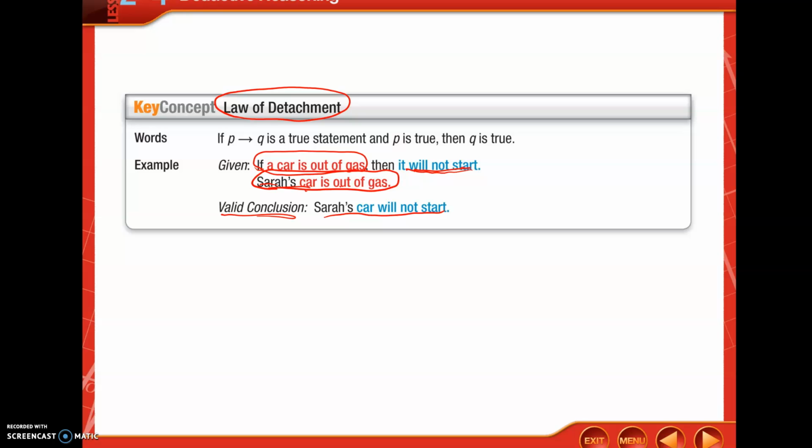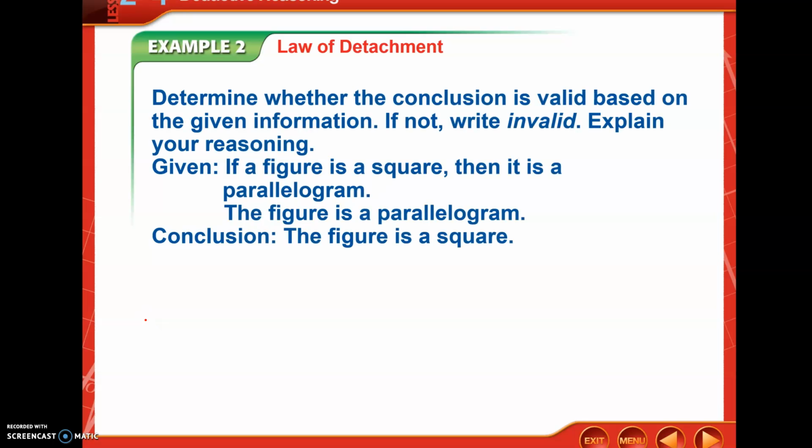So with law of detachment, the if has to have come true. If the condition that we said is going to happen comes true, then I can make a valid conclusion that the then is going to happen. That's if this is a true statement. So if a figure is a square, then it is a parallelogram. The figure is a parallelogram.